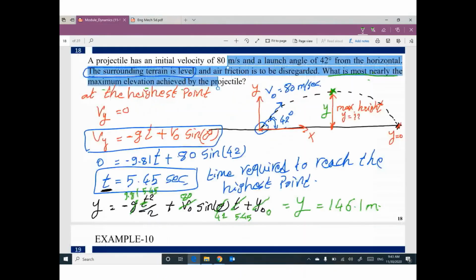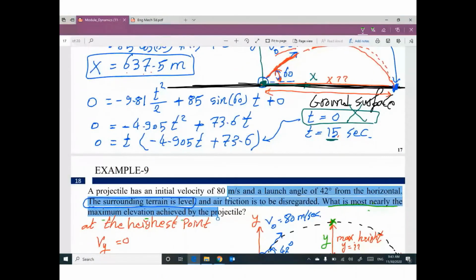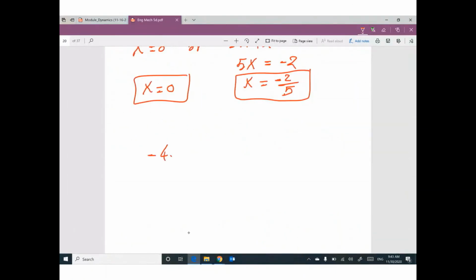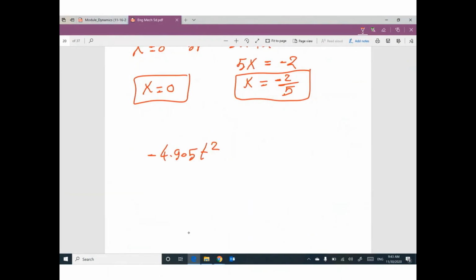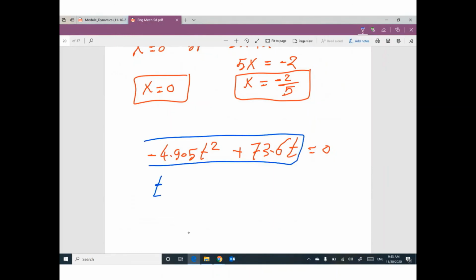Your equation in example number 1 was -4.905 t squared plus 73.6 t equals 0. So I will take t outside this equation. The remaining will be -4.905 t plus 73.6 equals 0.